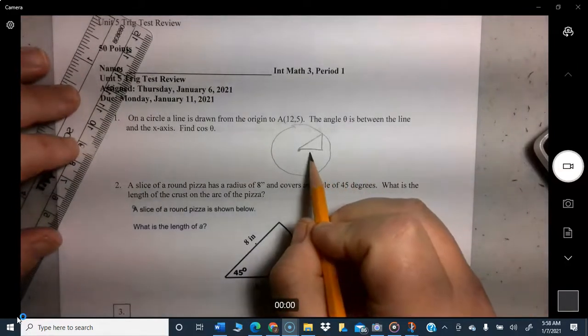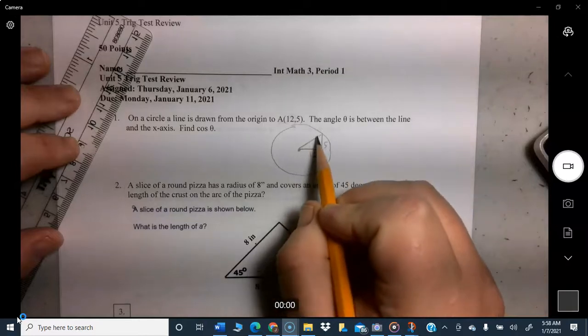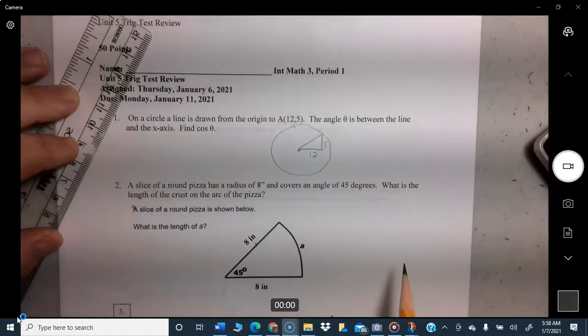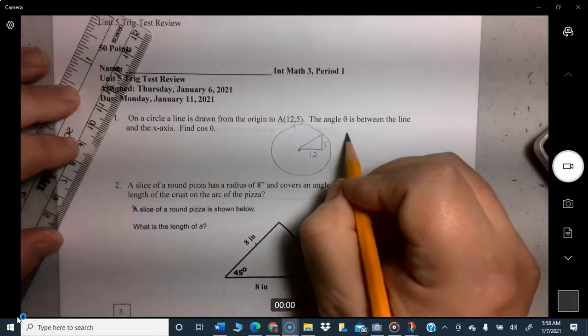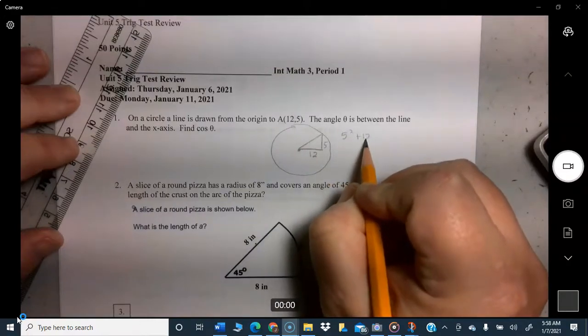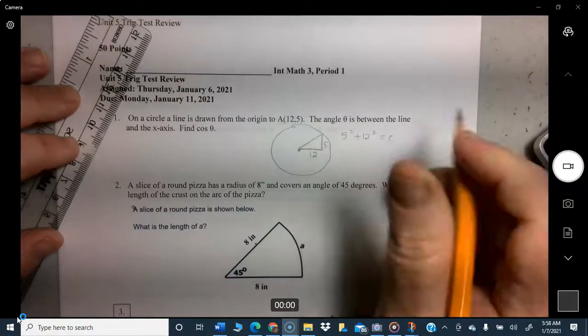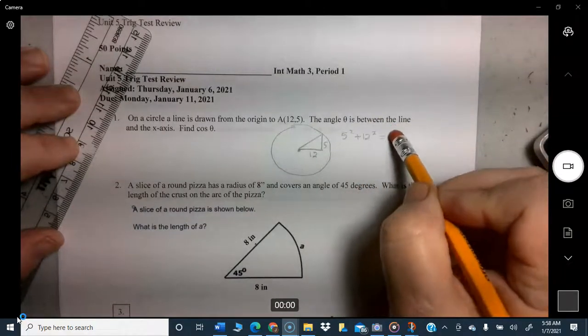So the coordinates of this are 12 and 5, and if you use the Pythagorean Theorem, you can figure out the hypotenuse. So it's 5 squared plus 12 squared equals c squared, or let's just call it what it is, the hypotenuse.